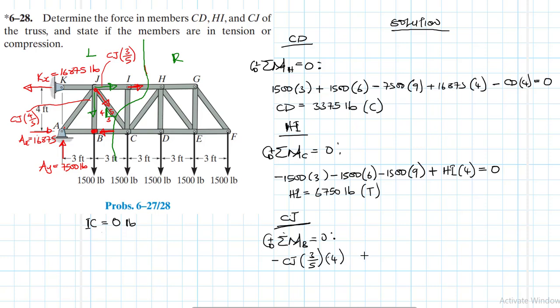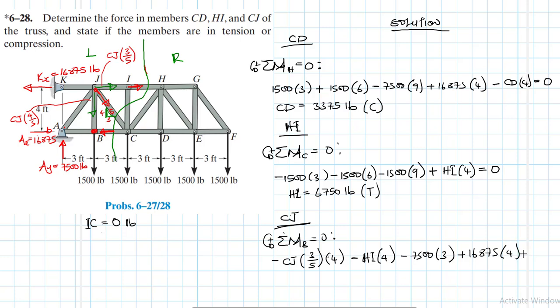We have another negative from HI times also 4. We have another negative 7,500 by 3, and then we have plus 16,875 by 4.